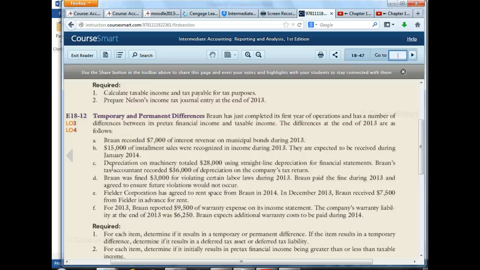But yet, for purposes of financial reporting, are they included as income? Book reporting, yes. Income taxes, will they ever be added as income? Will they ever? No. So is that a permanent difference or a temporary difference? Permanent. We don't ever have to claim income taxes on municipal bonds. So that is a permanent difference.